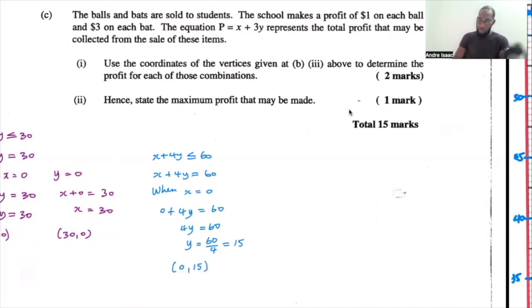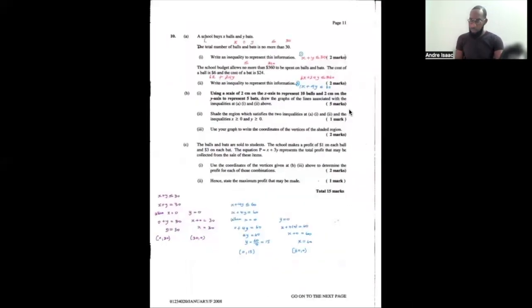When y is equal to 0, we have 60, 0. So we're going to plot that now.